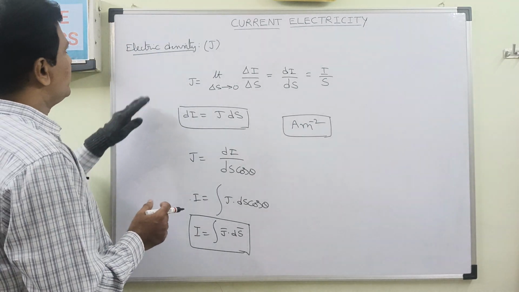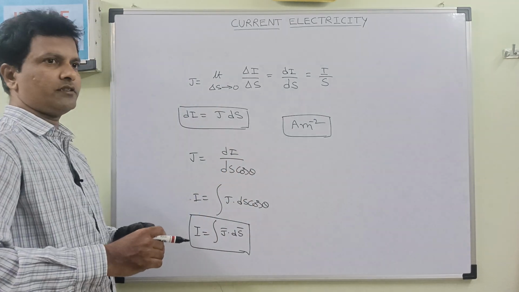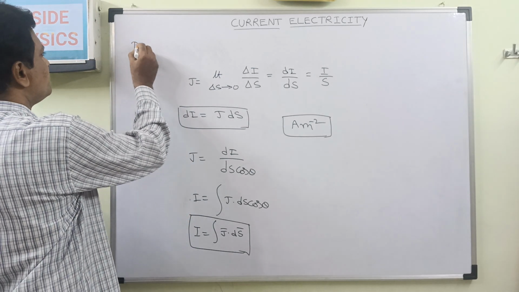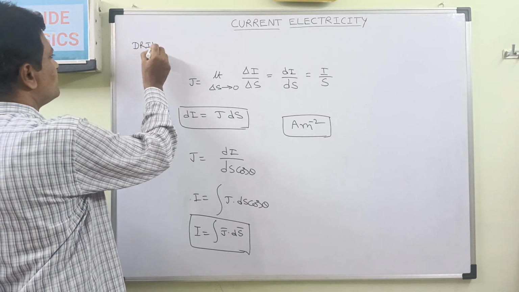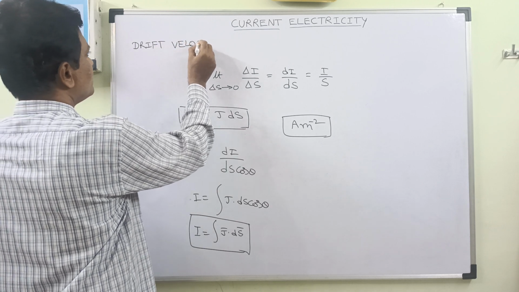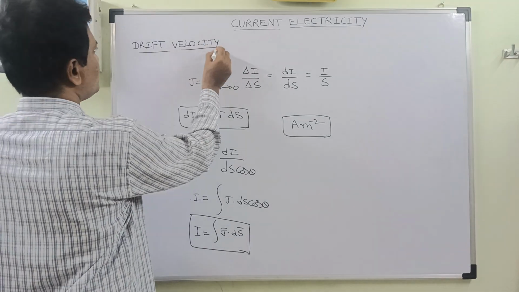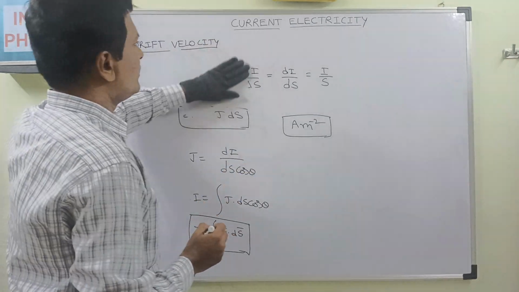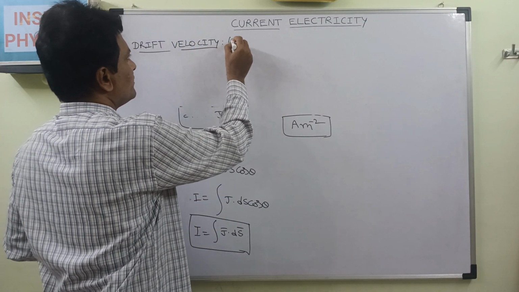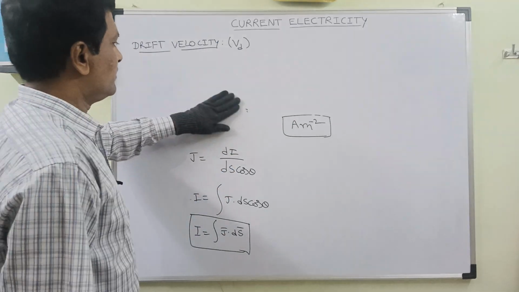Next we see what is drift velocity. Drift velocity of electric current. It is represented with vd, where d means drift.